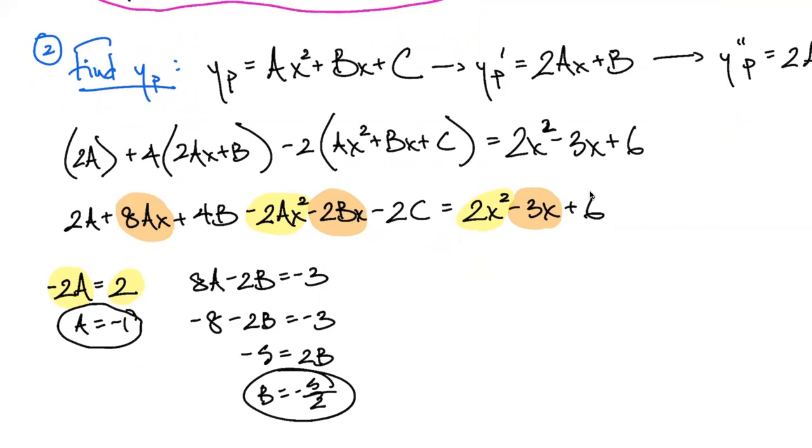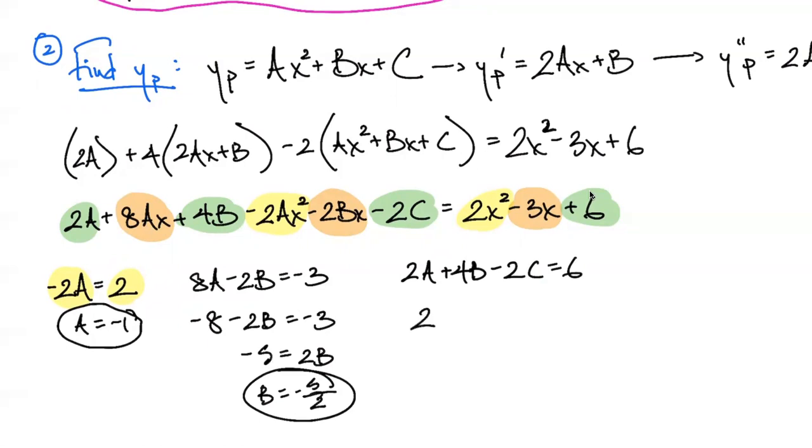And then last, we're going to create an equation that only has constants. 2a plus 4b minus 2c equals 6. And luckily for us, we already have our A and B values, so we can just plug those in.